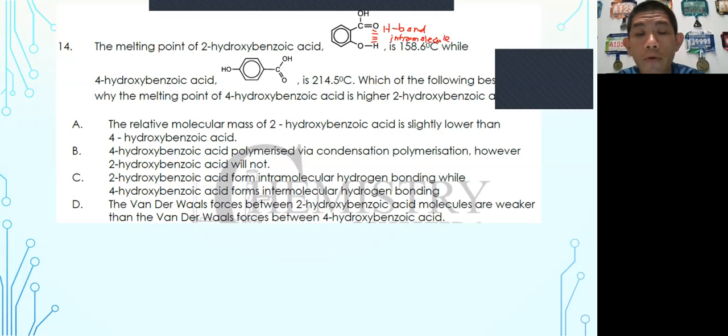So these intramolecular forces will cause less interaction with another molecule. Whereas if today you put another 4-hydroxy benzoic acid inside here, let's say this is the 4-hydroxy benzoic acid, in between the O and H here, you make use of the hydrogen bond as the intermolecular forces.